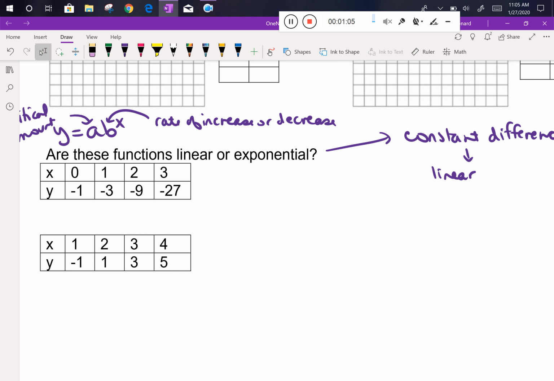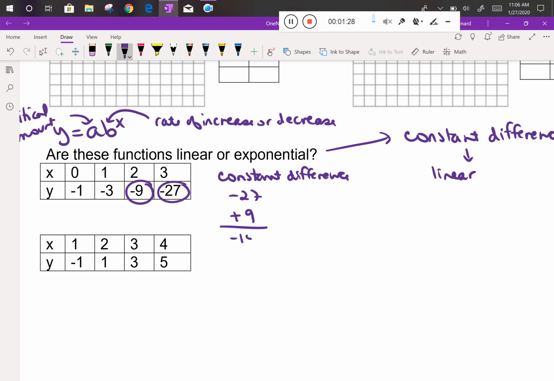We look at our y values, and I'm going to start at the end and work my way back forwards. If I take negative 27, and from that I subtract negative 9, so I'm looking for a constant difference. I'm going to say negative 27 minus negative 9, so that's really plus 9, and that's going to give me negative 18. Then I'm going to check the next pair.